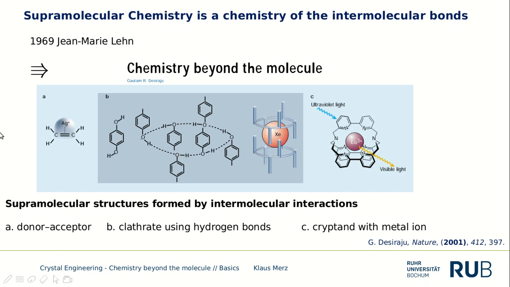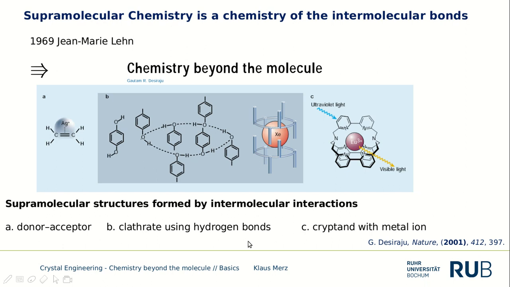For example, you have here a donor-acceptor with a silver cation. You have here formation of a clathrate. This clathrate is built by hydrogen bonds, exactly the hydrogen bond we have seen in ice or DNA and so on with drugs.